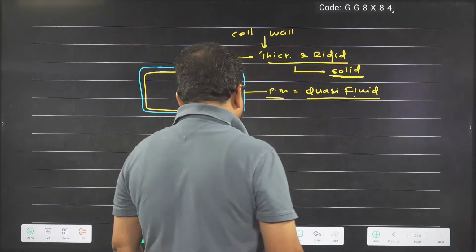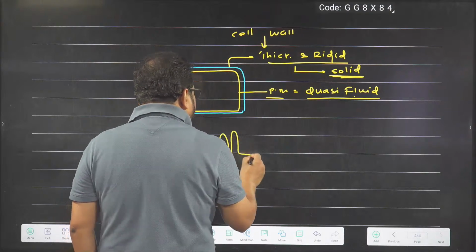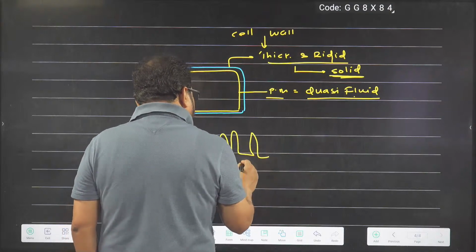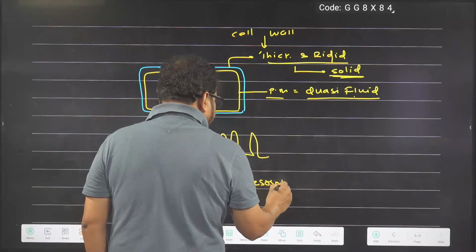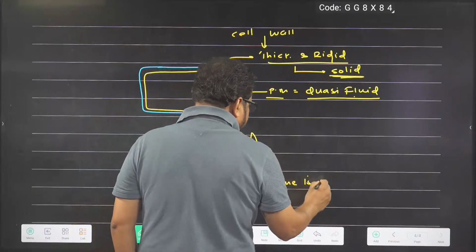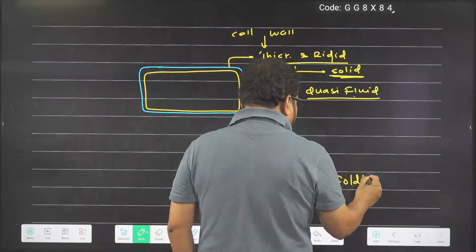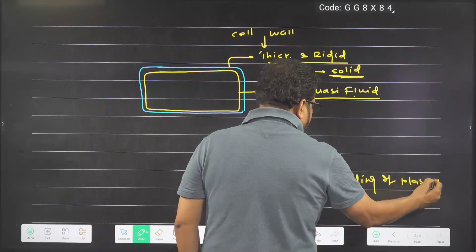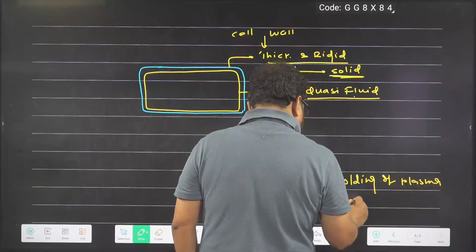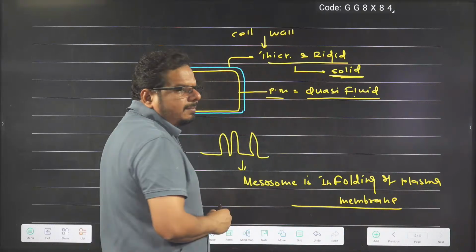One student asks, mesosome is membranous or non-membranous? Mesosome is an enfolding of plasma membrane. Did you get the idea? Mesosome is an enfolding of plasma membrane.